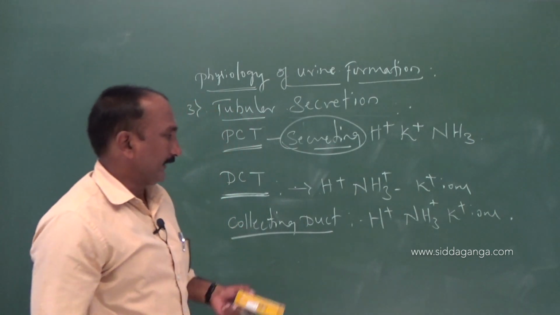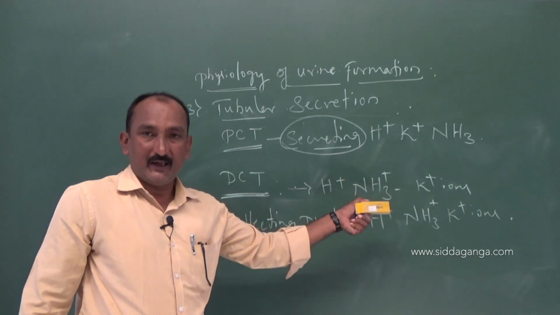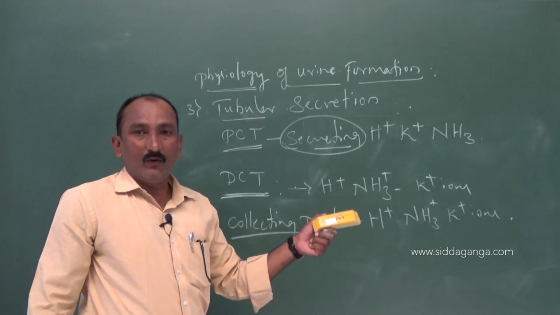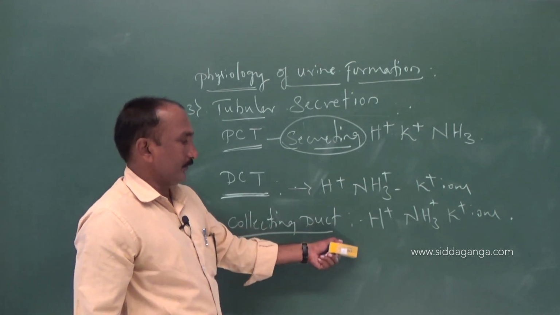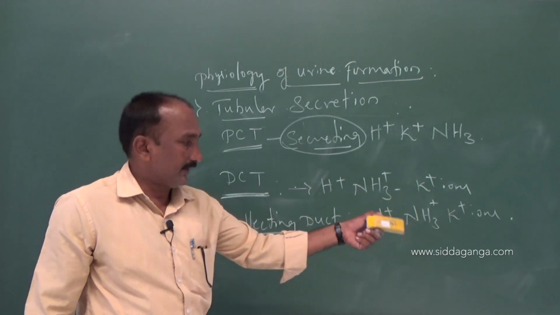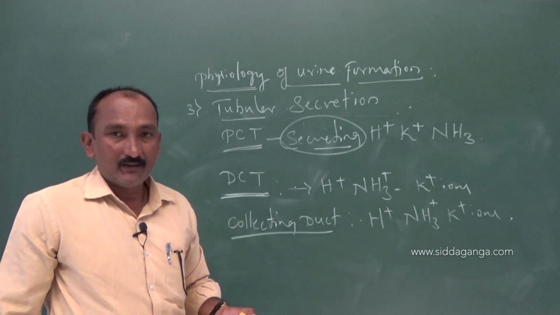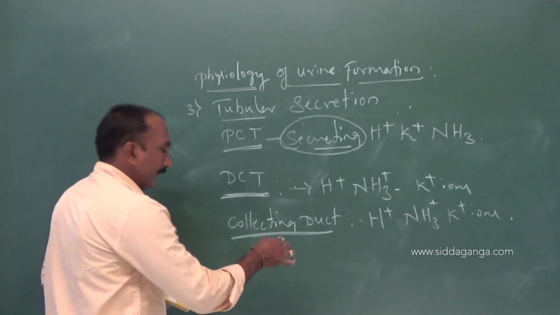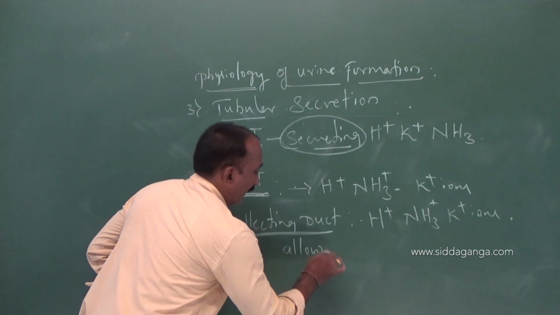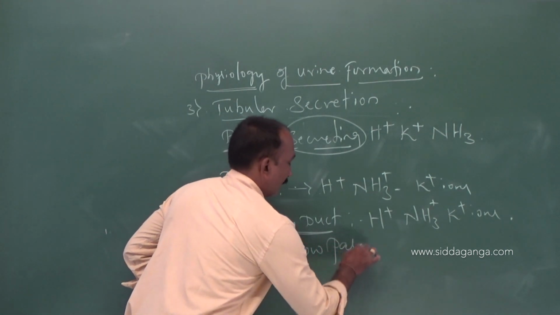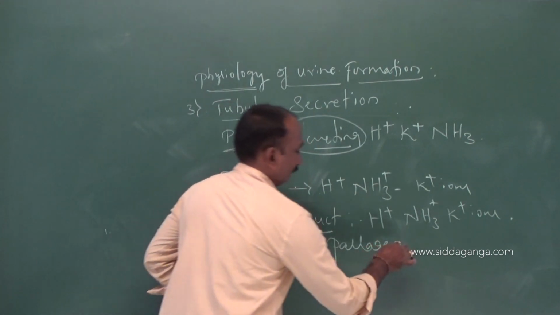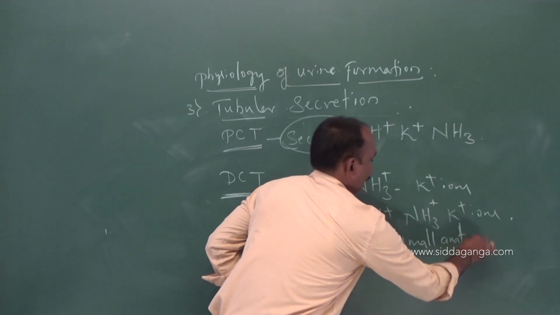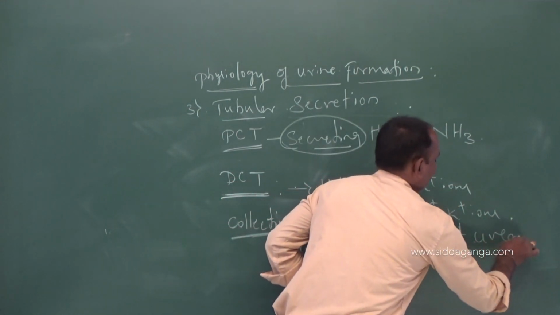The process of secretion of H plus, ammonia and potassium ions is known as tubular secretion. Along with that, the collecting duct allows the passage of a small amount of urea, a very little amount of urea will be passed through it.